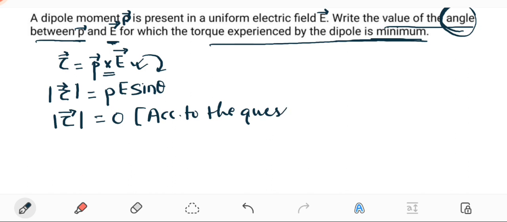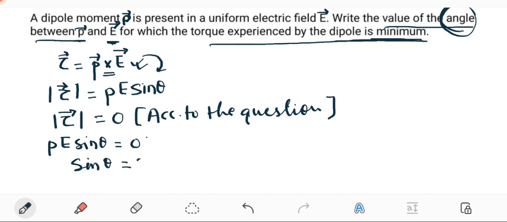Now torque is equal to P E sine theta equals 0. It can further be written as sine theta is equal to 0, because 0 divided by P into E will be 0 of course.